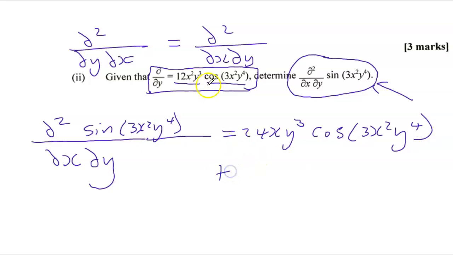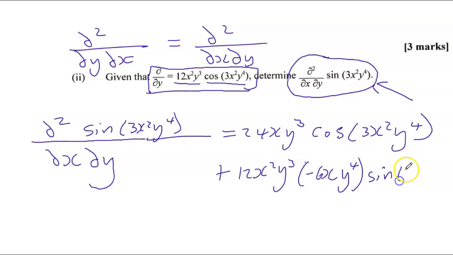Plus, this time I'm leaving the 12x squared y cubed alone and differentiating the cosine with respect to x. So I multiply by the x power inside here, that's negative 6x, and then y to the 4th power, and of course cos is now sine. What's in the bracket doesn't change.